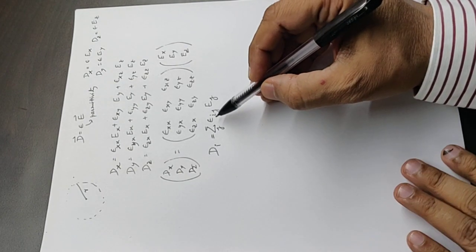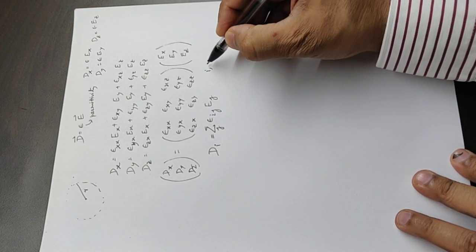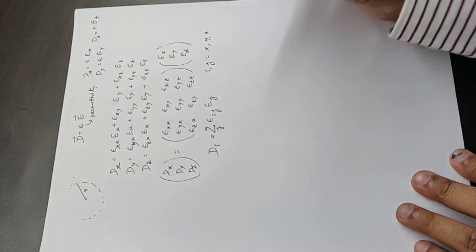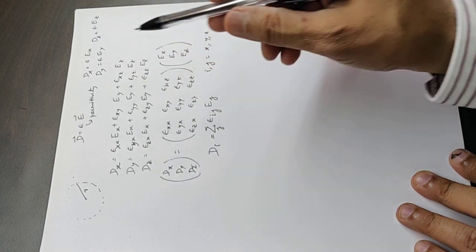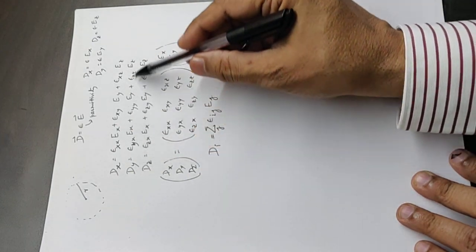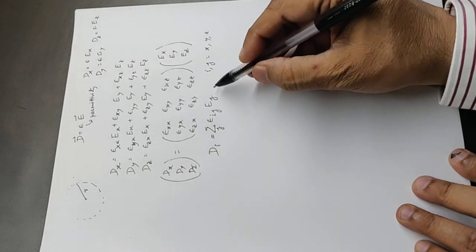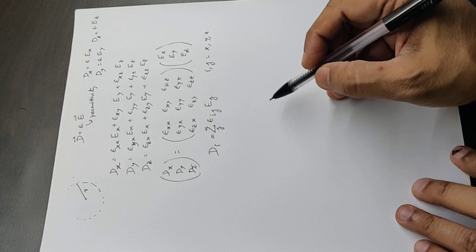Di is epsilon ij Ej, where i and j are running over x, y and z. I equal to x gives us the first equation, i equal to y gives the second, and i equal to z gives the third. J in all the cases runs over x, y and z.